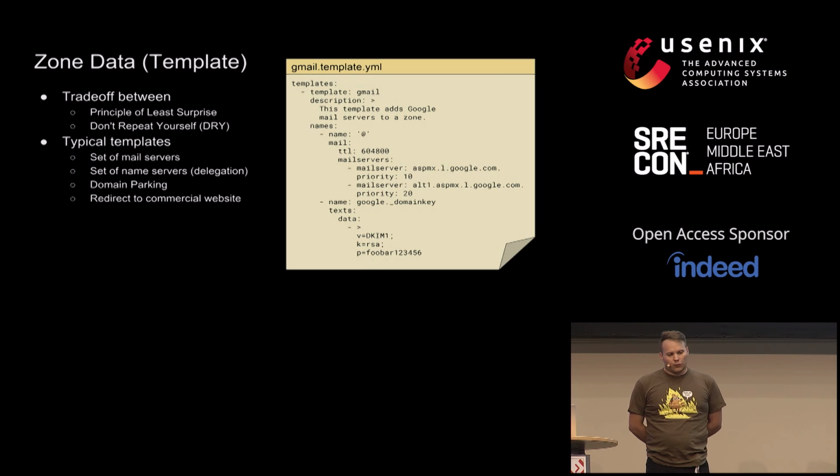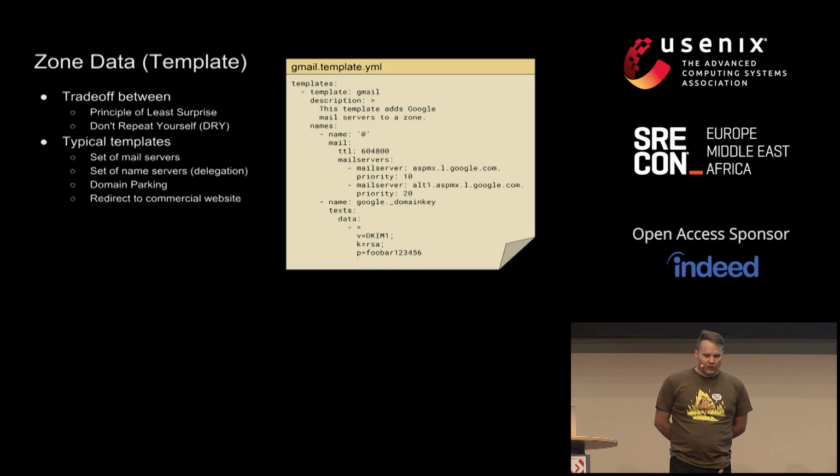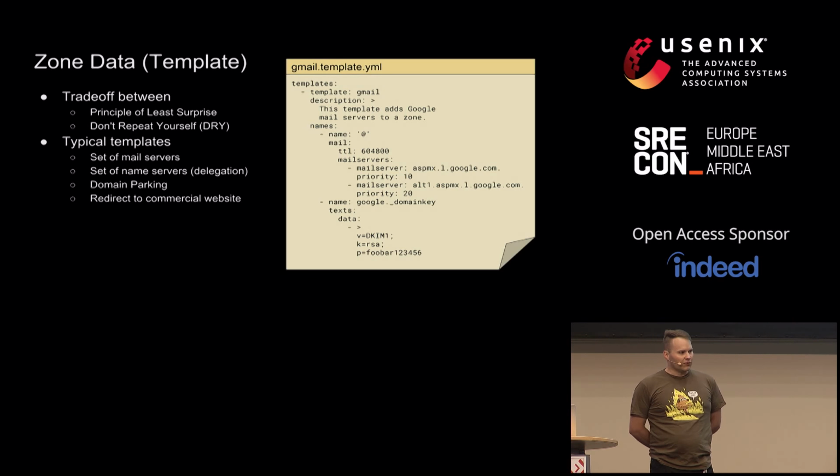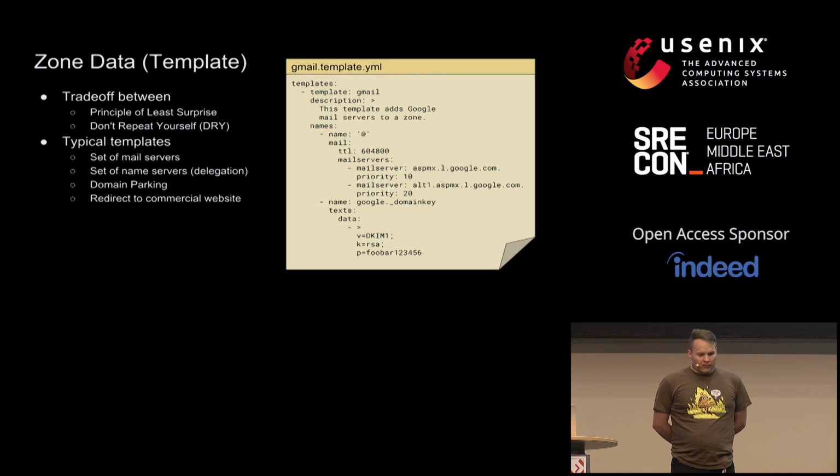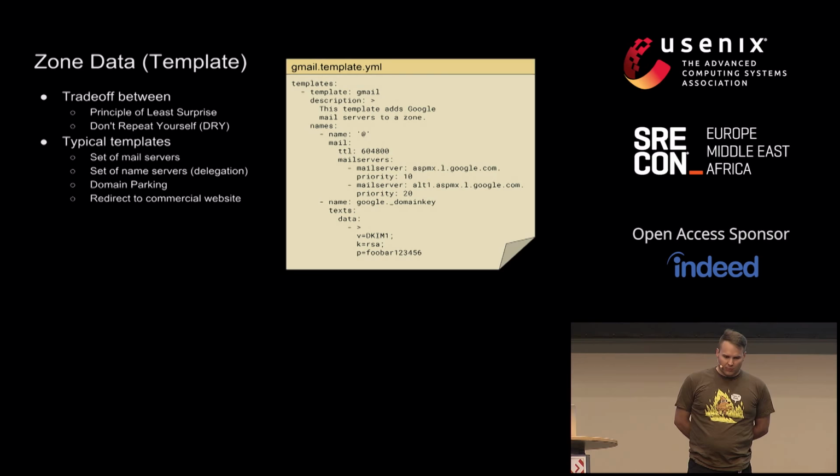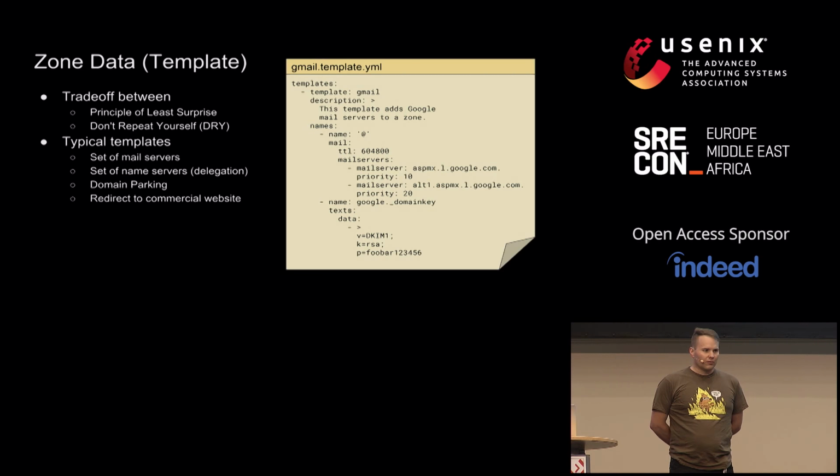And we decided to go with small templates for logically bounded things like a set of mail servers, a set of name servers, or putting a domain into parking mode or something like that. We made sure that our software cannot pull in a template from within a template. So there's only one level of templating, and that is by choice. It may not make much sense in larger setups, but for that small setup that we have, it works quite well.